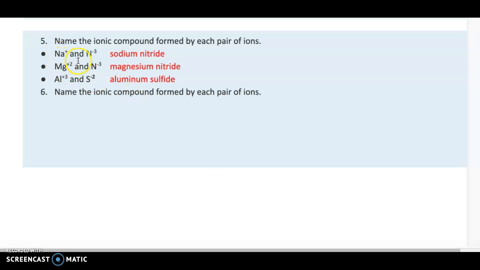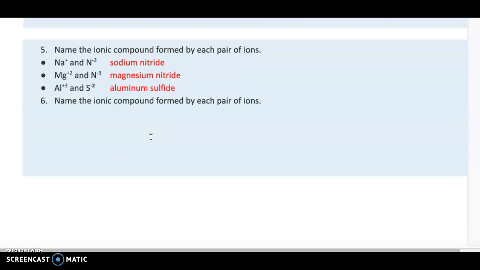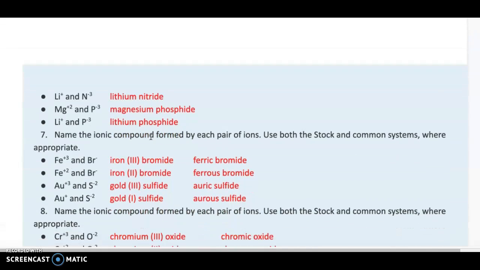Remember sodium and nitrogen, when they combine together, this is sodium ion and this is nitride ion. You write just the names of the first words. So sodium nitride, magnesium nitride, aluminum sulfide. You just need a lot of practice.